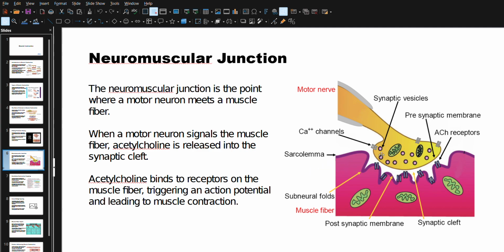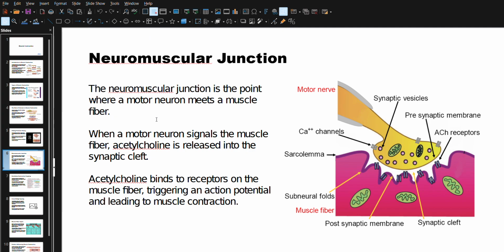Okay, here, if you can see here. So when the motor neuron signals the muscle fiber, acetylcholine is released into the synaptic cleft. As I discussed in the nerve impulse in the previous class, what is the synaptic cleft. Okay, so how is it interrelated to our nervous system?